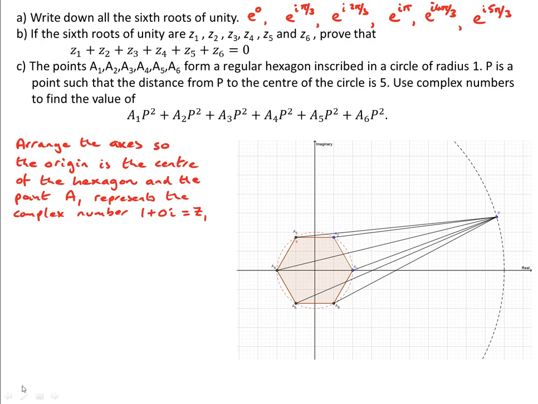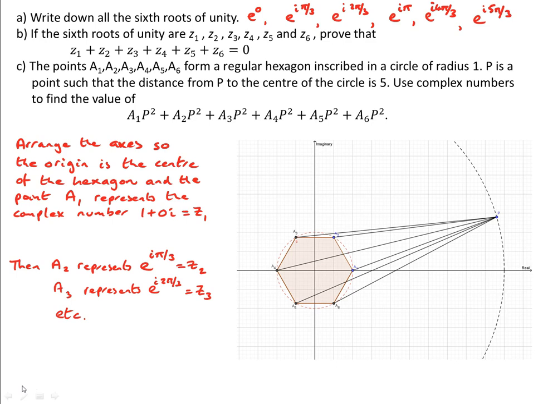The remaining vertices of the hexagon will represent the other 6th roots of unity, because we know the 6th roots of unity form a regular hexagon with radius 1. So A1 represents 1 plus 0i.